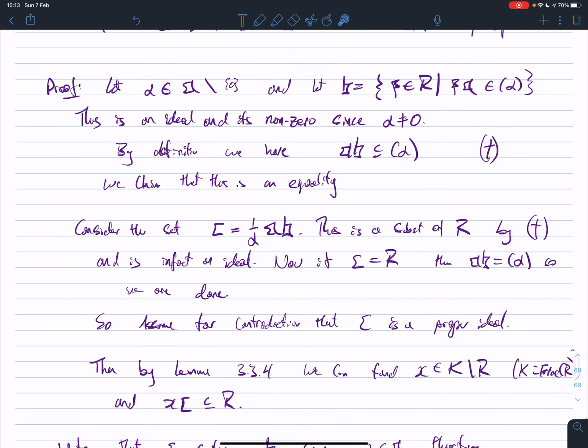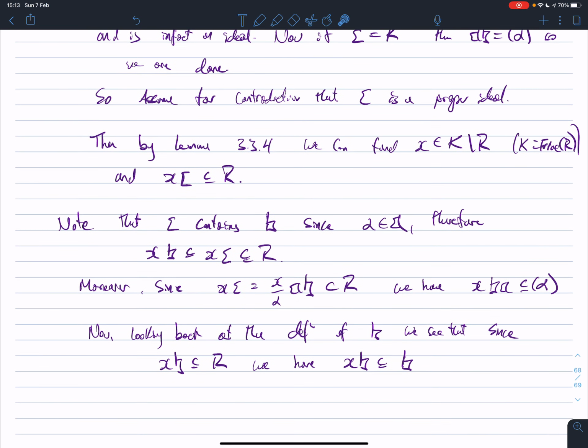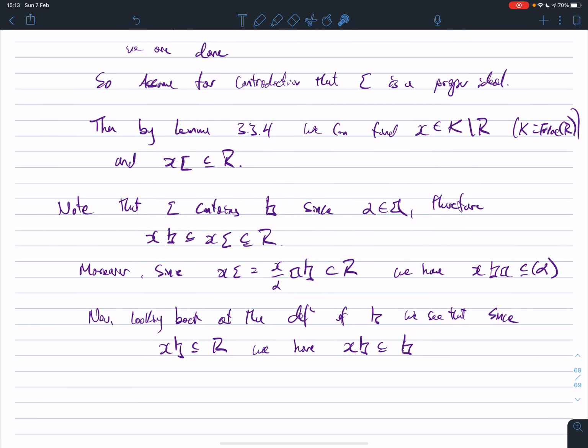I took B to be the set of all elements in R such that when I multiply them by A, I end up in alpha. And what I've just shown is that x times B, whatever all the elements of this set, when I multiply them by A, stays inside alpha. So by definition of B, x times B has to be contained in B.